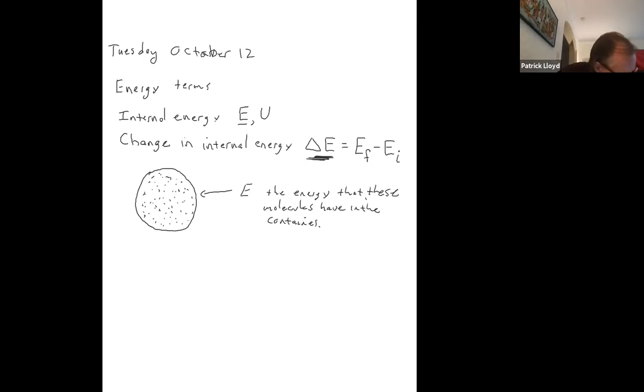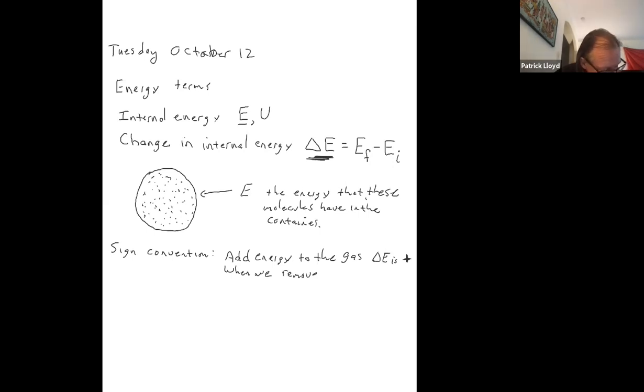So we do have a sign convention. When we add energy to the gas, delta E is positive. It's a positive change in energy. When we remove energy from the gas, delta E is negative.